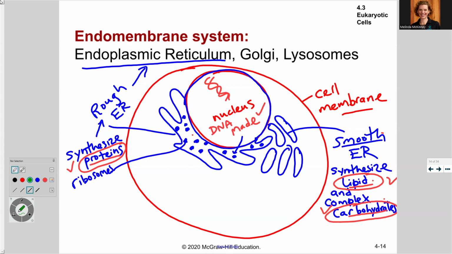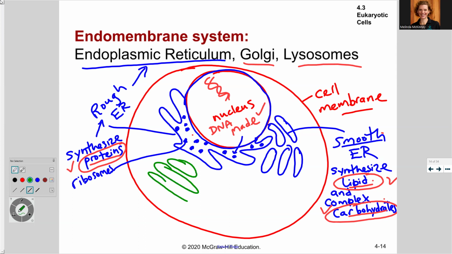So just to finish this up, there's a couple more things, a Golgi and lysosomes. So Golgi apparatus, this is often shown in kind of like a pink color. I don't have a pink pen, so I'll just do it over here. This is the Golgi.